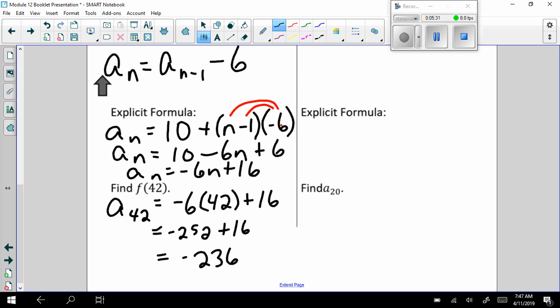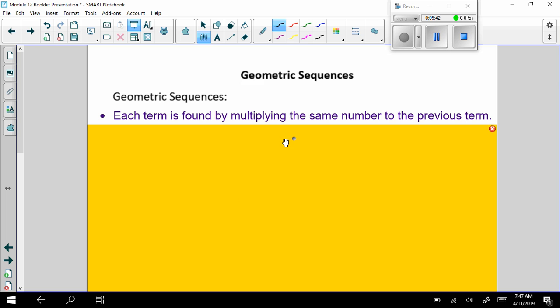Okay, we're going to do example 2 together in class just so we can work through it, but I want to go ahead and look at our geometric sequences. So our geometric sequences are going to be found by multiplying the same number to the previous term. And again, if we're dividing, we just think of it as multiplying by a fraction.